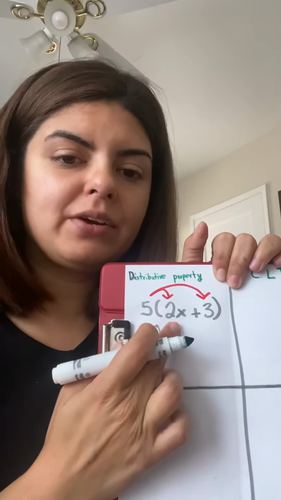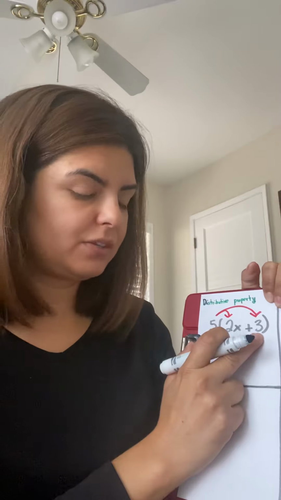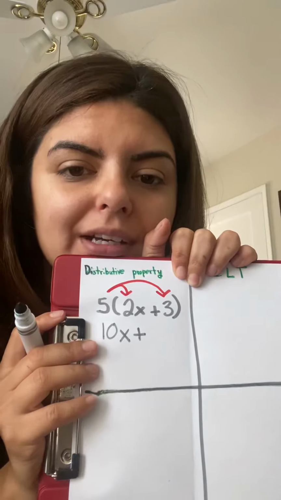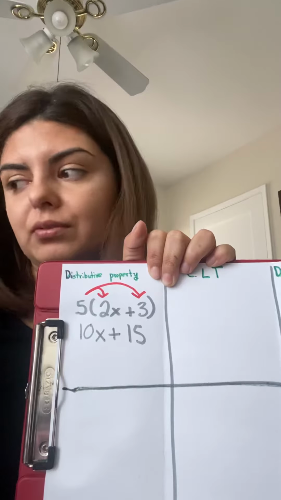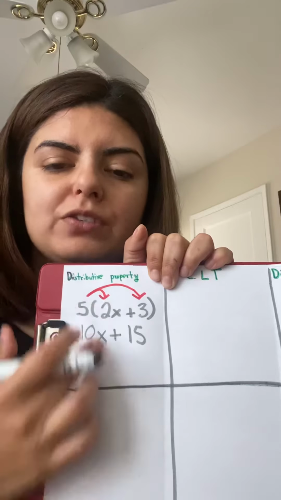And then we bring down the x, our variable. Then our sign doesn't change in this case because this is positive and this is positive for the next one. So then we have 5 times 3. What is 5 times 3, guys? Yep, you guys are right. 15. And really, that's all you do. So that is what it would look like for distributive property.